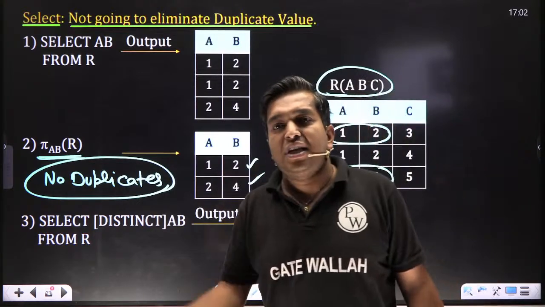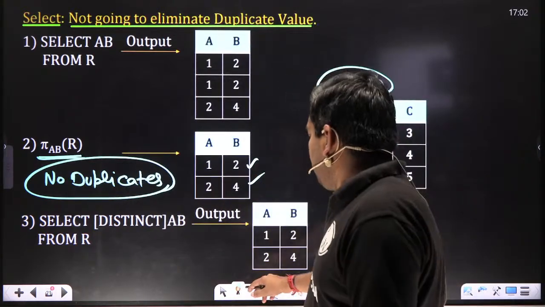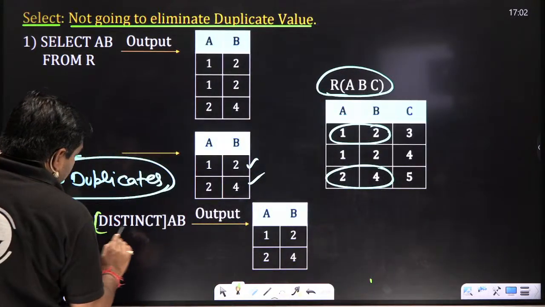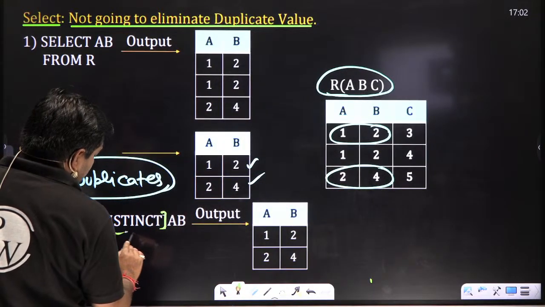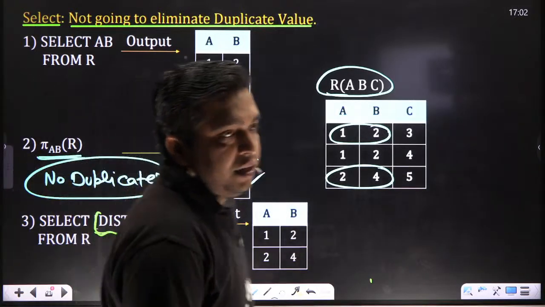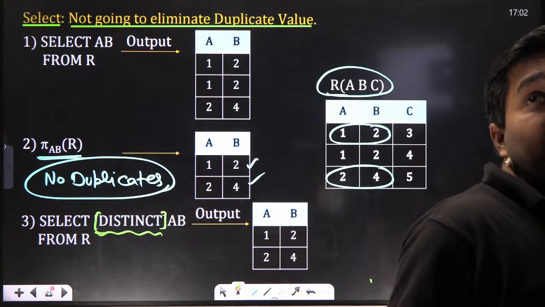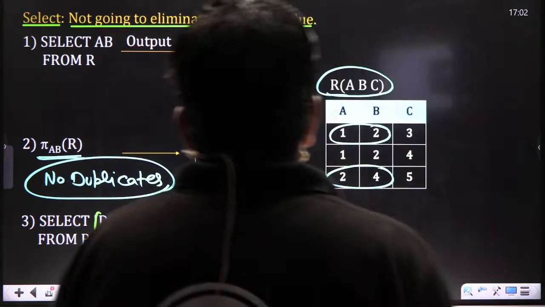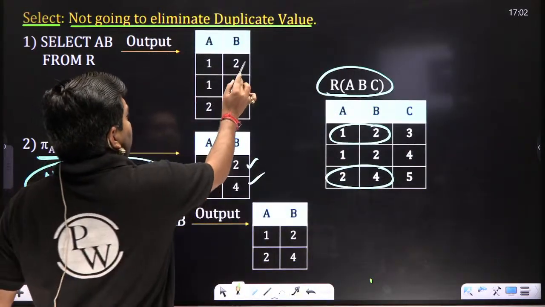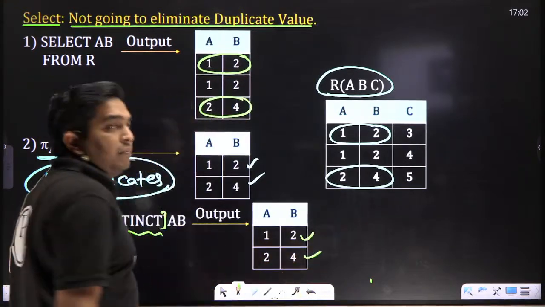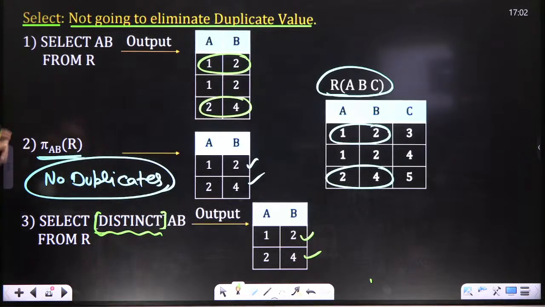But if you want this type of output in SQL, what do you have to do? You have to use the distinct keyword. Distinct AB. Then you will get this value, meaning it will take only 1 2 and then 2 4. Clear? This is the meaning.